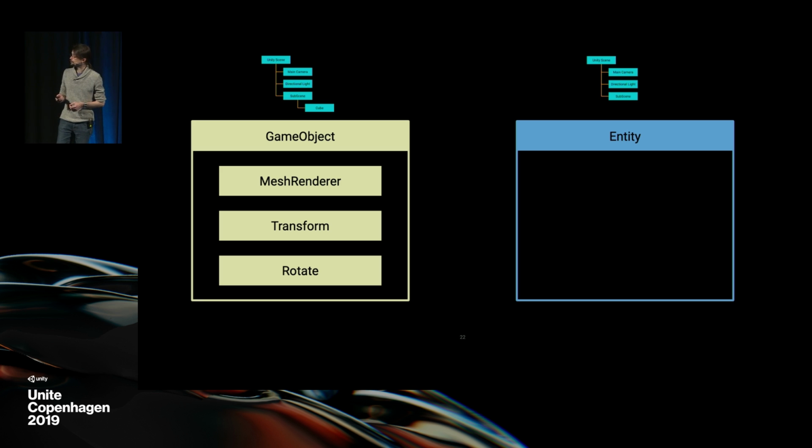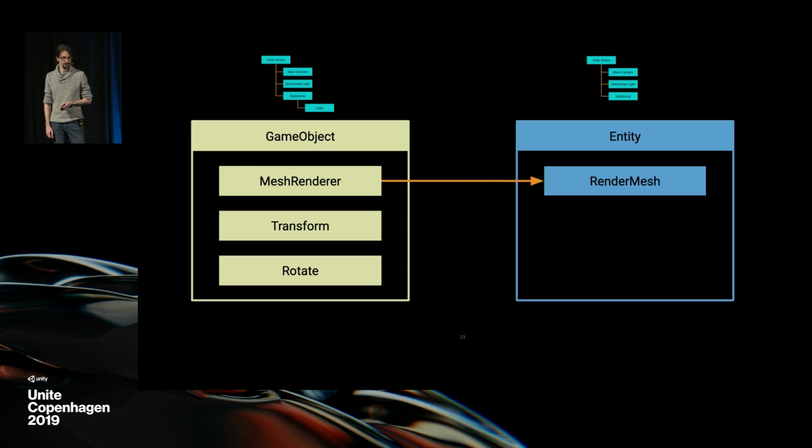So when you close a subscene, or when the conversion happens, every single one of these components somehow converts. So the mesh renderer, this is handled directly by the entities package. It will turn into a render mesh, which is like the equivalent in the hybrid renderer. The transform is just a little bit more complex than that, because it will not turn into one component, but into a set of 3 components.